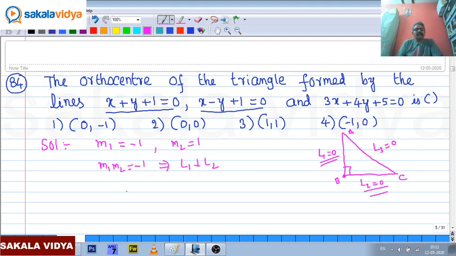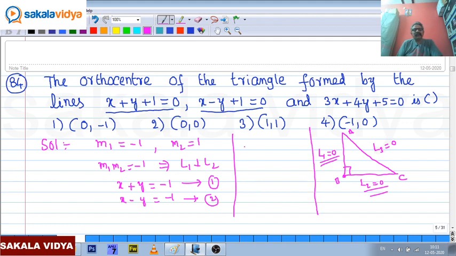Solve these two equations. The first equation is x plus y equals -1, say equation 1. x minus y equals -1, say equation 2. Adding them, 2x equals -2, so x is equal to -1.